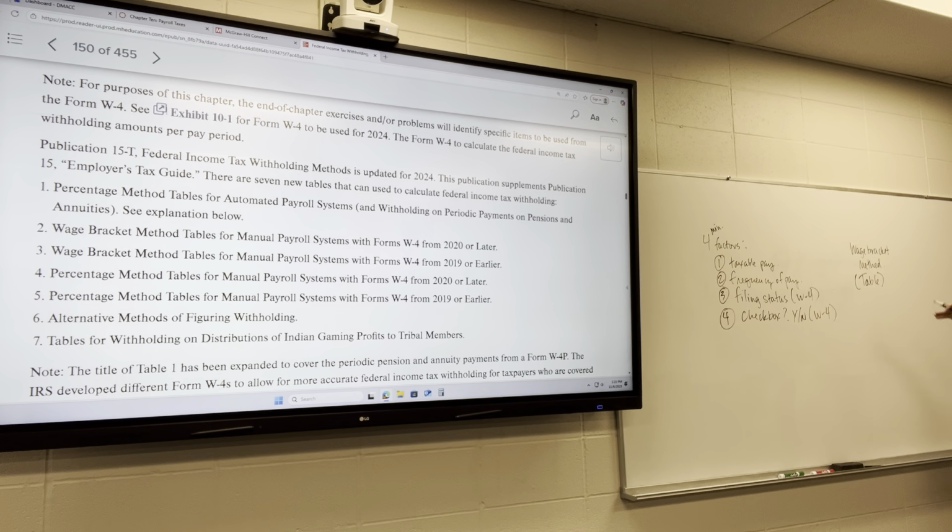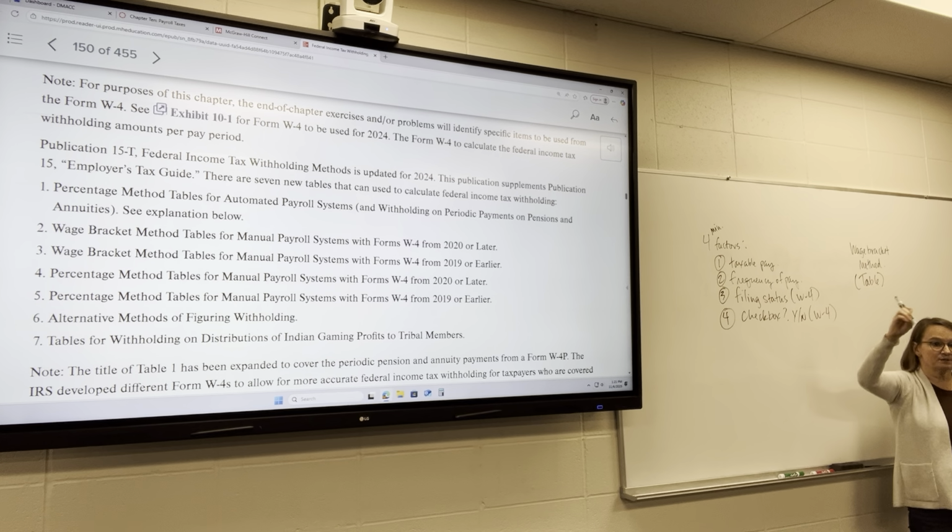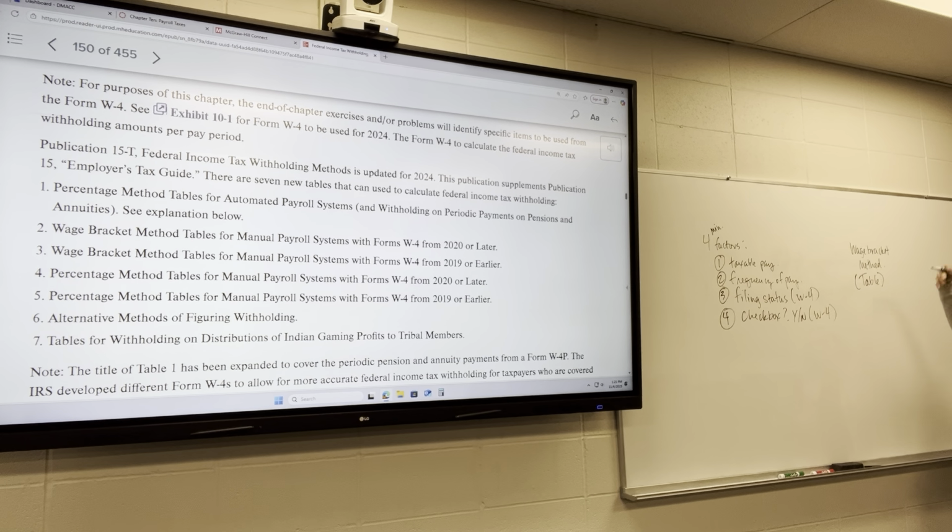So usually it's the income level that creates the problem. The income is off the table. When we have an income that's off the table, then we have to use the percentage method. And this, we have to do some calculations using a schedule.